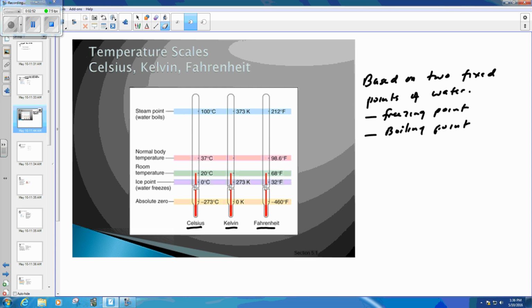On a Celsius scale, the freezing point is 0 degrees Celsius, and the boiling point is 100 degrees Celsius. On a Fahrenheit scale, this corresponds to 32 degrees Fahrenheit and 212 degrees Fahrenheit. And we are going to see how we can convert from one scale to another using these scales.